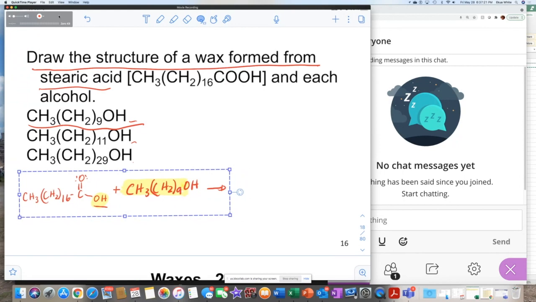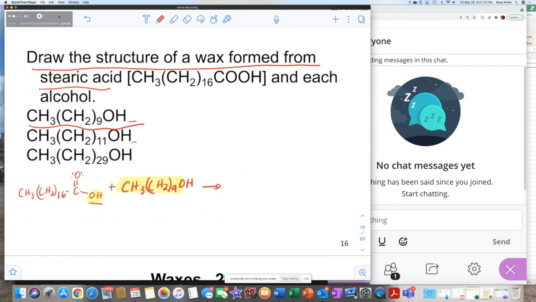I think you can get it in there, at least that much. Okay, let's see. So CH3, CH2, 16, carbonyl carbon, and then O, CH2, 9, CH3, right there. Plus water.